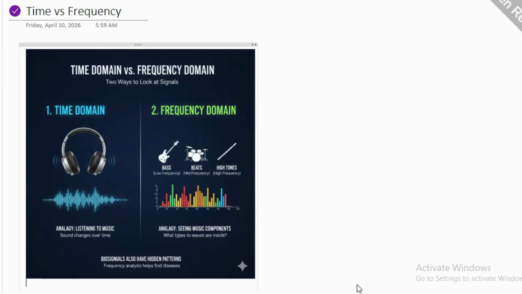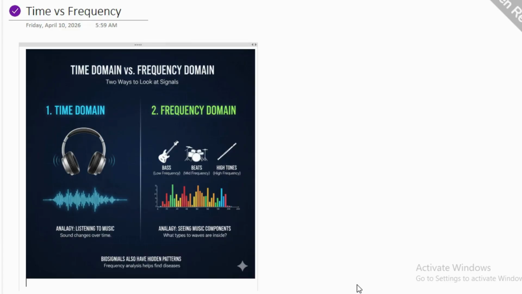Now, let's understand one more interesting idea, which is time versus frequency. Basically, signals can be viewed in two ways. One way is to see how the signal changes over time. The other way is to see what types of waves are inside the signal. Don't worry, keep it simple. Think about music. When you listen to a song, you hear it over time.